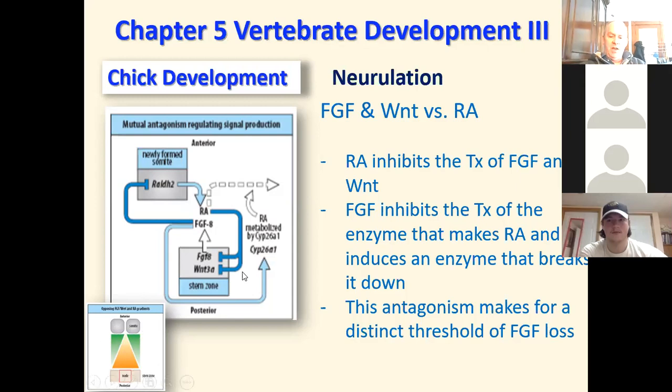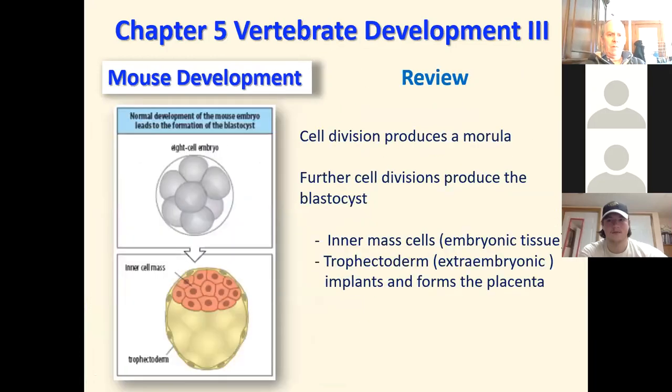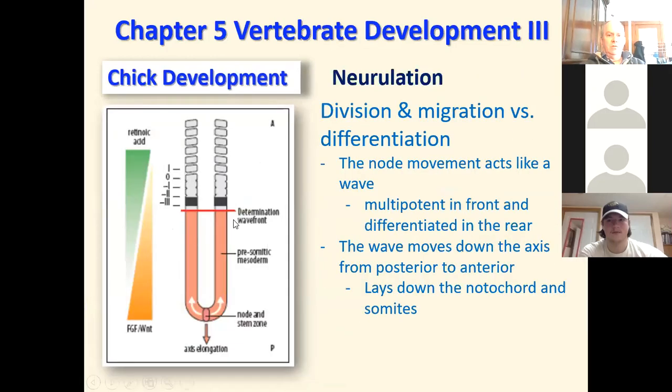And that sharp demarcation then is our differentiation wavefront, right here, or the determination wavefront. And after the determination wavefront, those mesenchymal cells go through mesenchymal to epithelial transition, which means they stop moving and they become a somite.